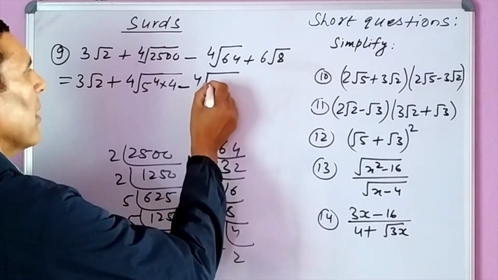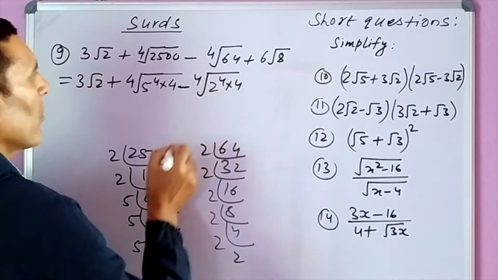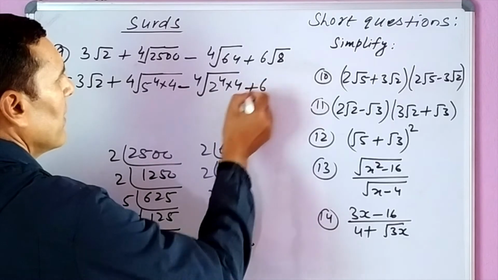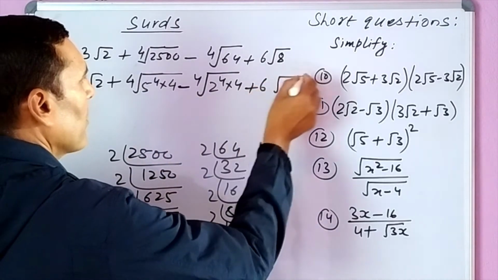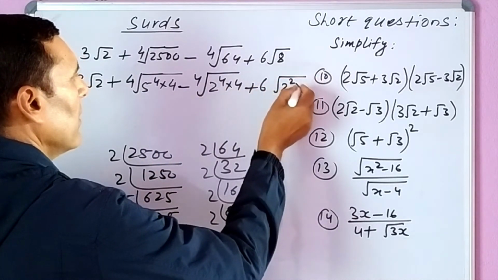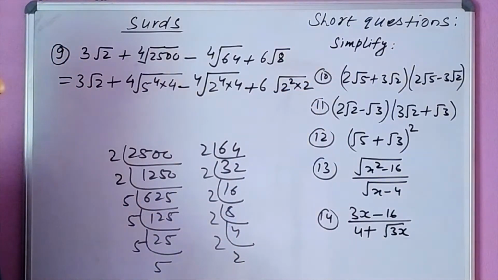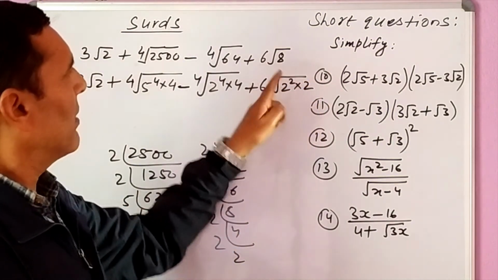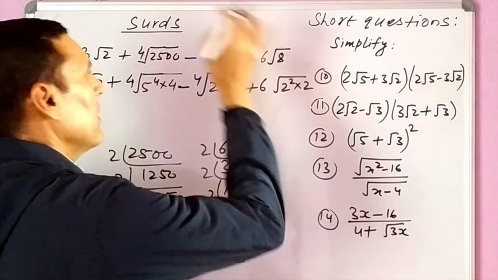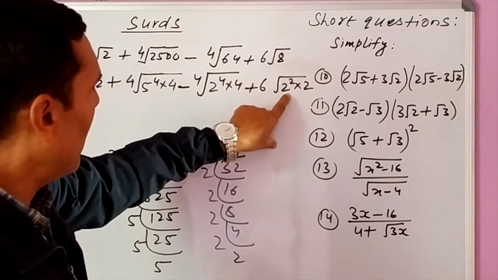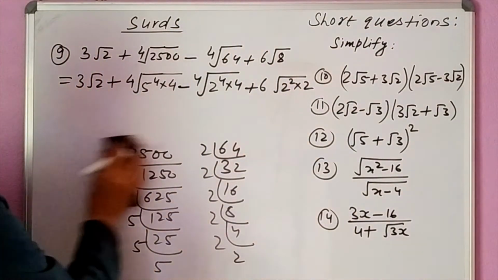That is 2 to the power 4 into 4. And this, it is square root, it is 2 square into 2. I am writing 2 square here because the order of this root is 2. We can take 2 out of the root sign.